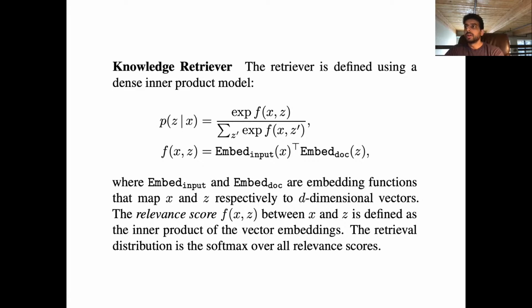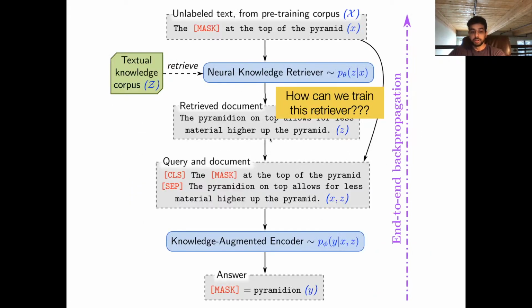So one important difference here is that this is a completely unsupervised setting. The model doesn't know that it needs to retrieve documents that are about pyramids. It's just that through this whole training process, it's going to learn that if I'm going to do a good job of predicting pyramid, that's the self-supervised signal that I have, I'm going to want to retrieve documents that help me make this prediction.